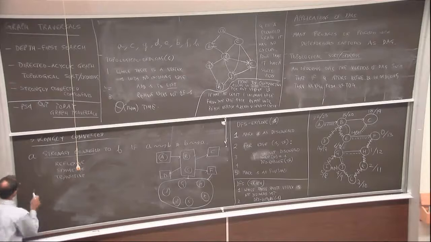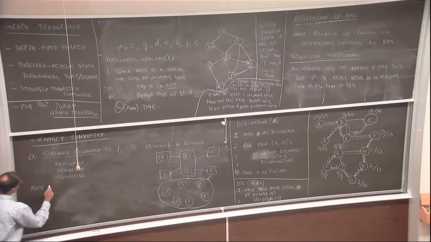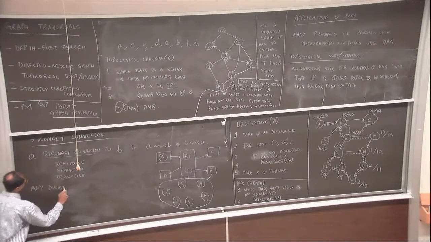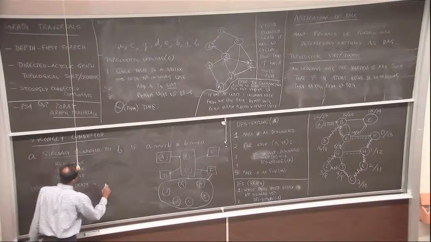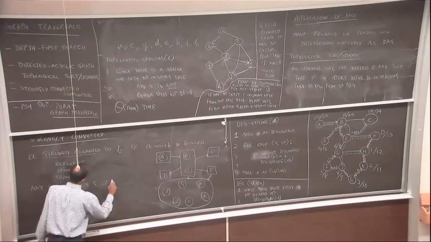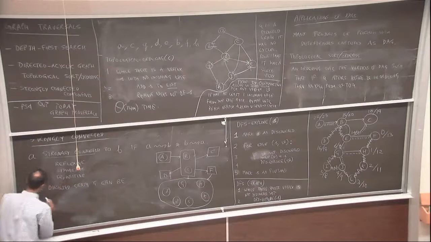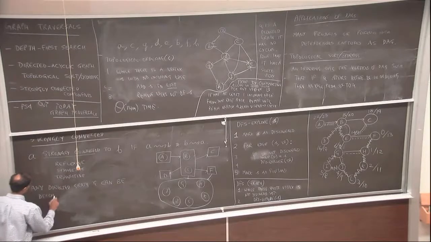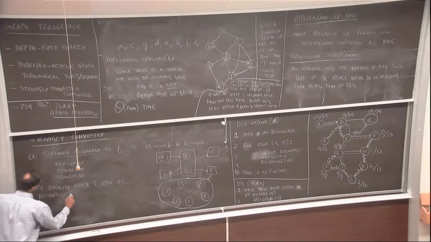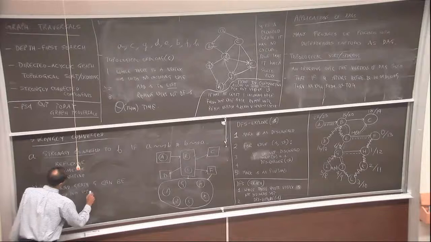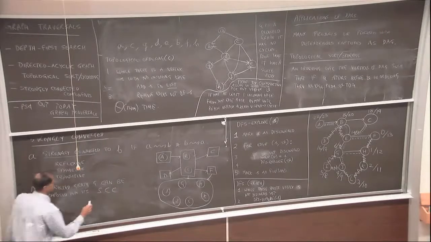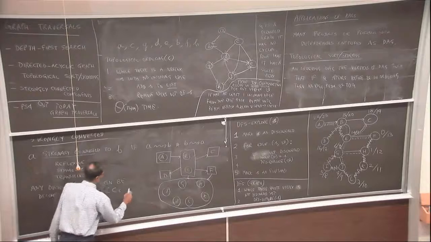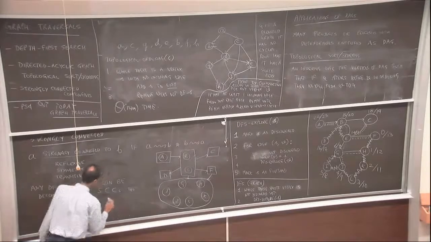Okay? So any directed graph G can be decomposed into its strongly connected components, SCCs, and the SCCs themselves form a DAG.